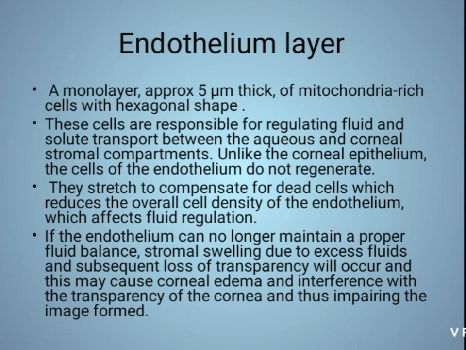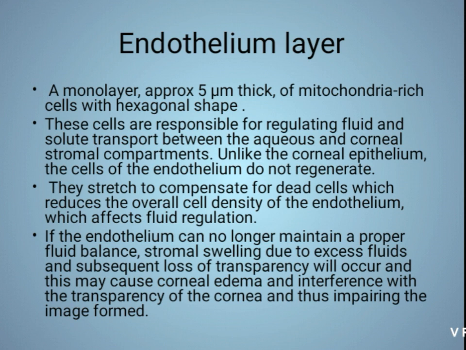density of the endothelium. Okay, the endothelium affects fluid regulation. It controls the regulation of fluid. Its main function is to regulate the fluid and solute transportation between the aqueous and corneal stromal compartments.